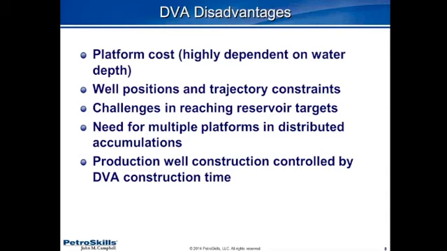Disadvantages of the direct vertical axis include the high cost of the platform, which is influenced by water depth and can become prohibitively high and make the development of reservoirs uneconomic.